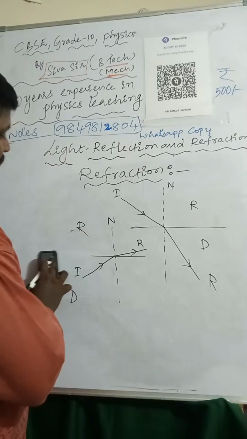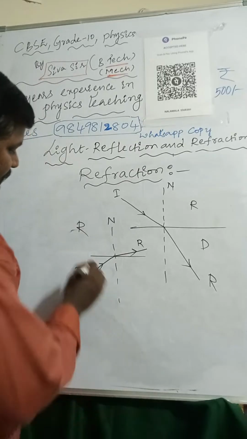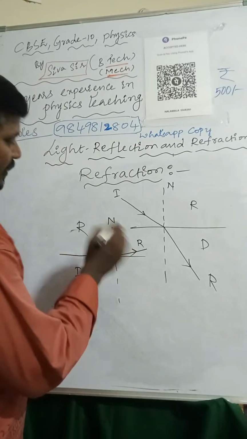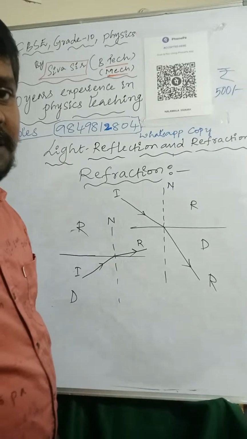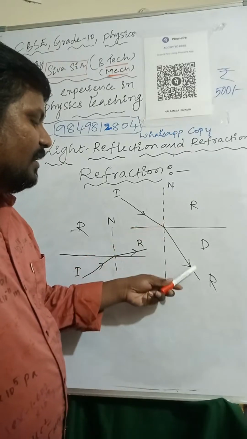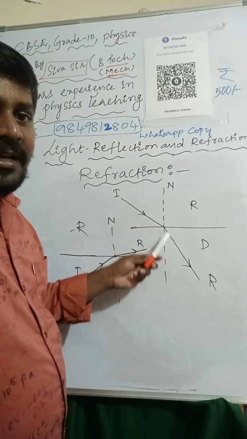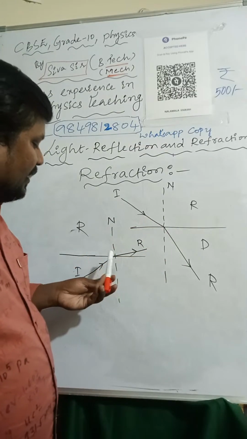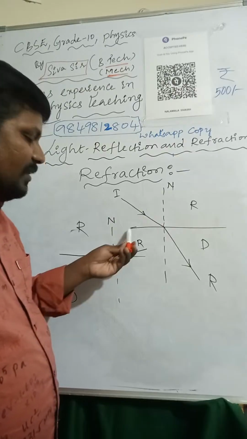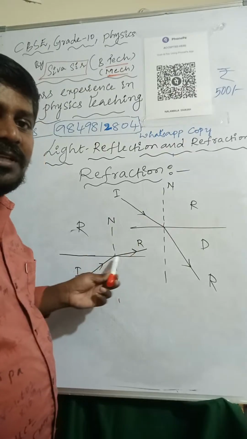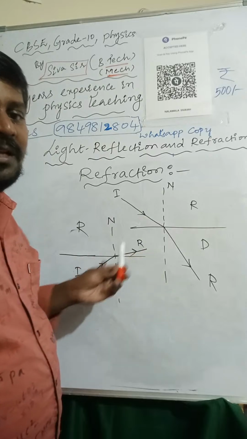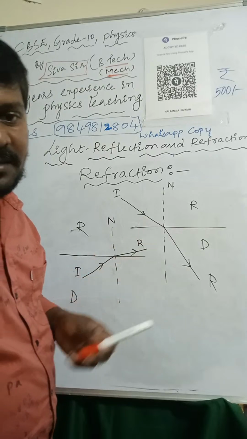I'm keeping the medium constant. It moves from rarer to denser, and at the interface of the two media it bends. If the light ray is moving from denser to rarer, it moves away from the normal line. Clear?